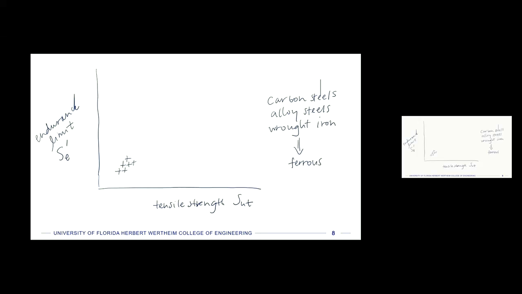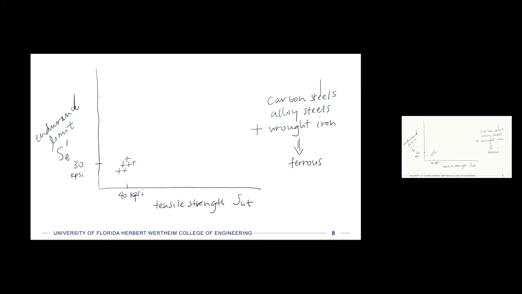The ultimate tensile strength is in the range of 40 kpsi, and the endurance limit is about 30 kpsi. So it's kind of a one-to-one. Hard to say that there's any trend really based on that. So for the wrought iron, I'll just put a plus next to it.